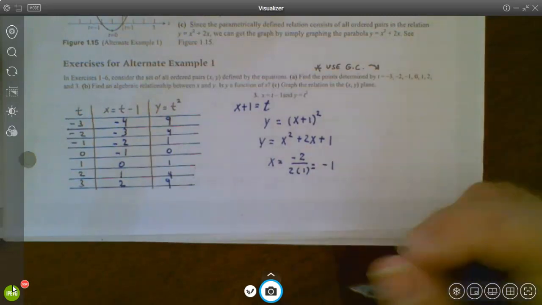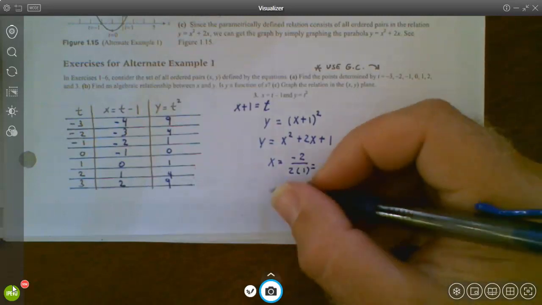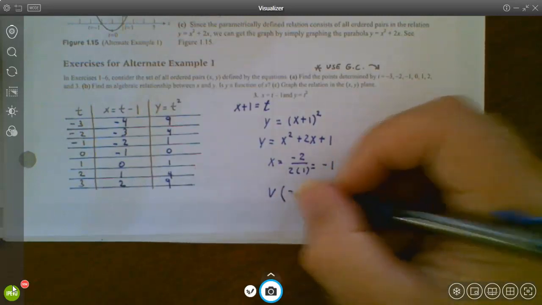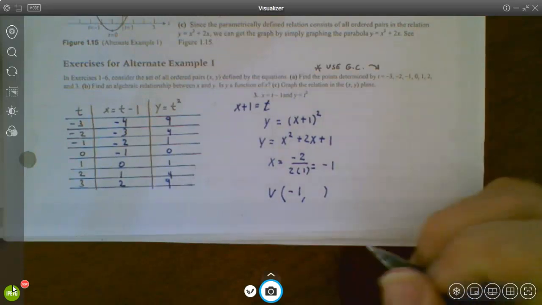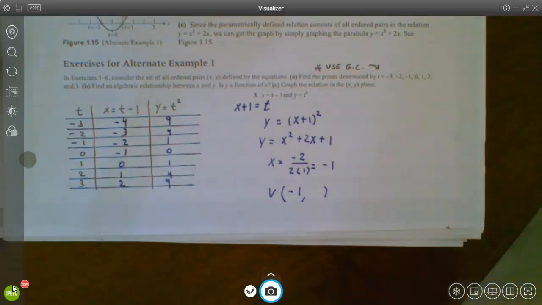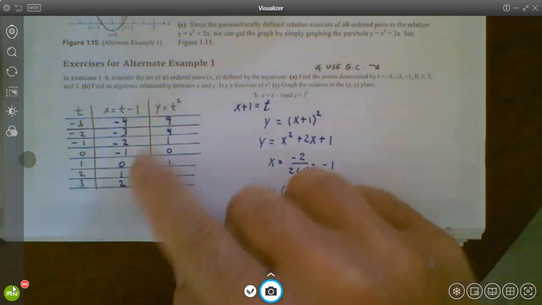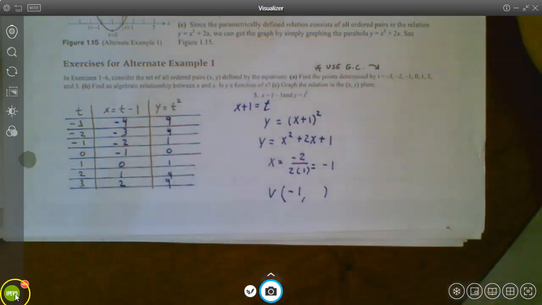So there's my x coordinate of my vertex, and of course, if I take that value and plug it back into the original function, I can get the y coordinate that goes with it. I could then plot some points by picking any values, or I could even use some of those guys. We can already see right here, based on this table, here's my vertex at -1, 0. So I know that's going to be a 0 just based on what we already did here.